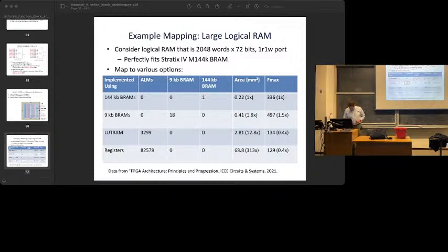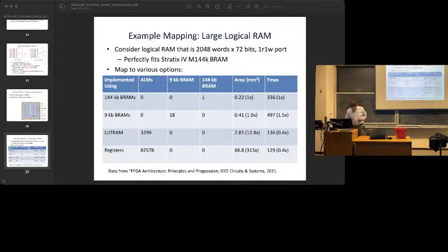The area gets about twice as big, so almost twice the area. It actually runs faster. That might seem surprising, but smaller RAMs do run faster because their bit lines are shorter and their decoders are smaller. And in this case, I didn't need any logic afterwards. I'm just taking a bunch of RAMs and putting them in parallel. So it actually runs faster.